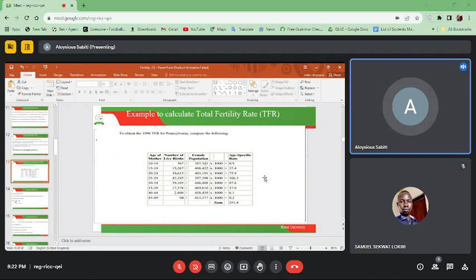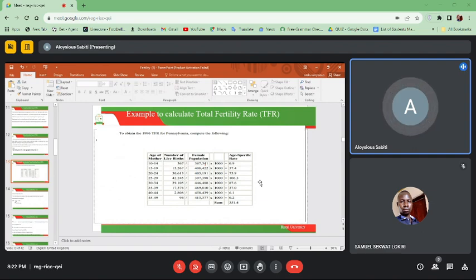So if I multiply this by 5, it will give you a figure of 1757. Because you're dealing with 1,000, if you divide it by 1,000, it will give you 1.75, which is 1.8, about there.